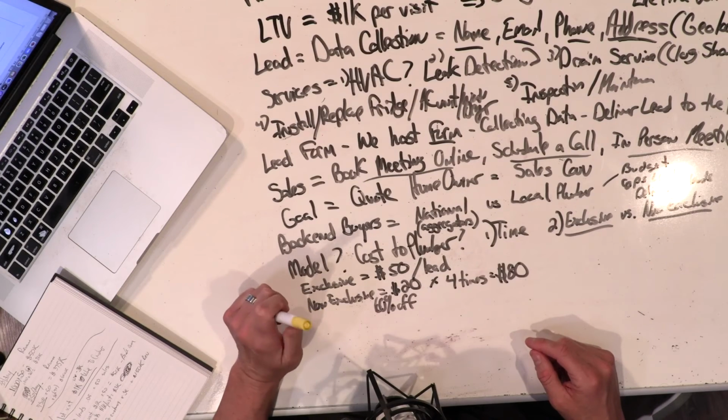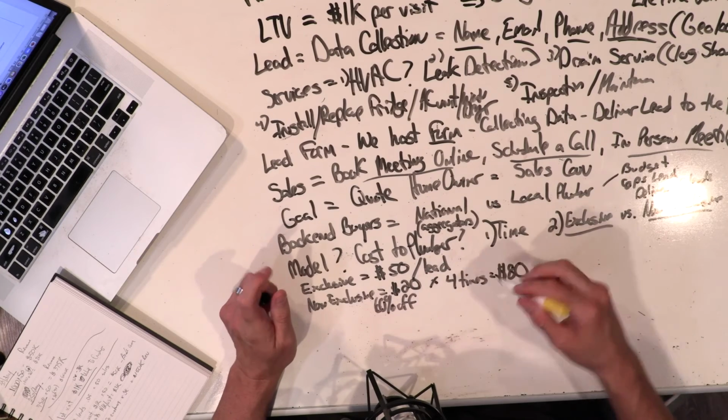You could do a hybrid of exclusive and then wait a certain period of time and then sell it later. So you give one plumber X amount of time to close that lead, a week, 10 days, 15 days, and then at that point you can resell the lead again. So if you sold it for 50, maybe in 15 days you can sell it for X. Let me give you an idea of what that looks like.